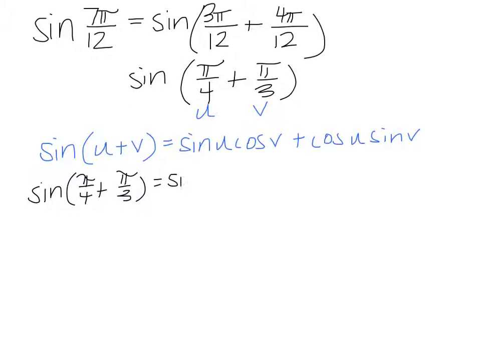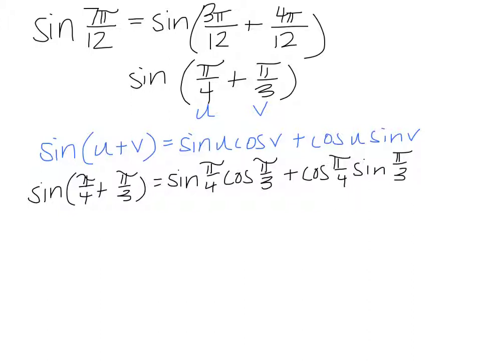So that'll be the sine of what? Pi over 4. Cosine of pi over 3. Plus cosine pi over 4. Sine pi over 3. You see how the pi over 4 and the pi over 3 stay the same order all the time? U comes first, V comes second.